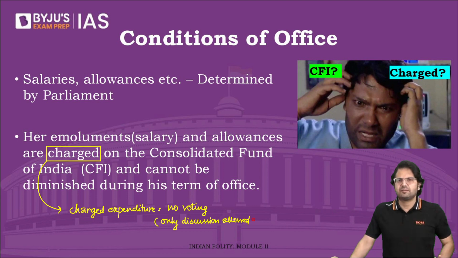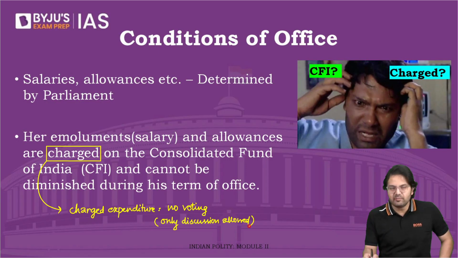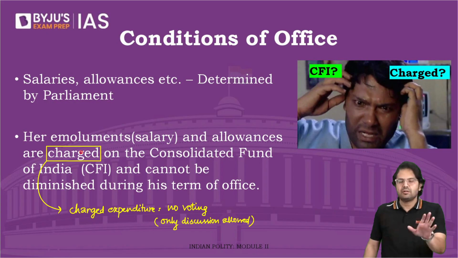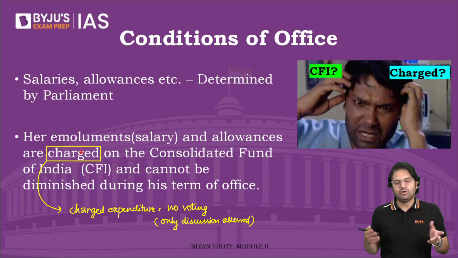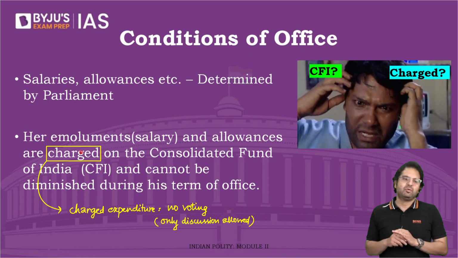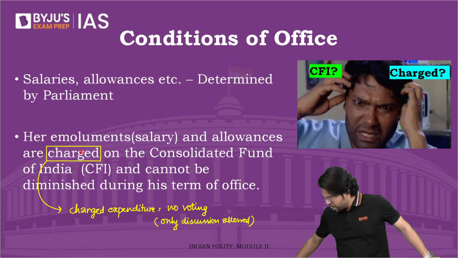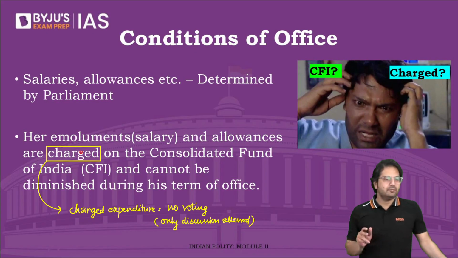You can discuss, but you cannot vote on it. You have to approve it. It's approved automatically. So the president's salary and allowances, which come from CFI, are charged expenditure. Meaning you cannot vote to cancel it. It has to be approved. It is automatic. I hope this point is clear. Everybody okay?